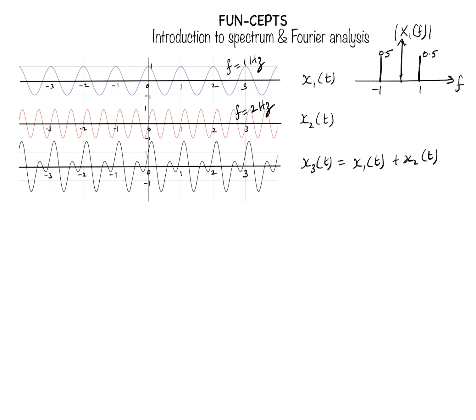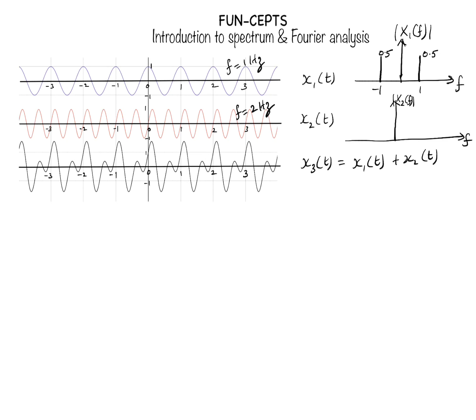Similarly, for x2 of t, if we had to plot the spectrum, let me draw that a bit neater. For x2 of t, we'll have frequency on the x-axis, and we'll call this x2 of f magnitude, and it has a frequency of 2 hertz.